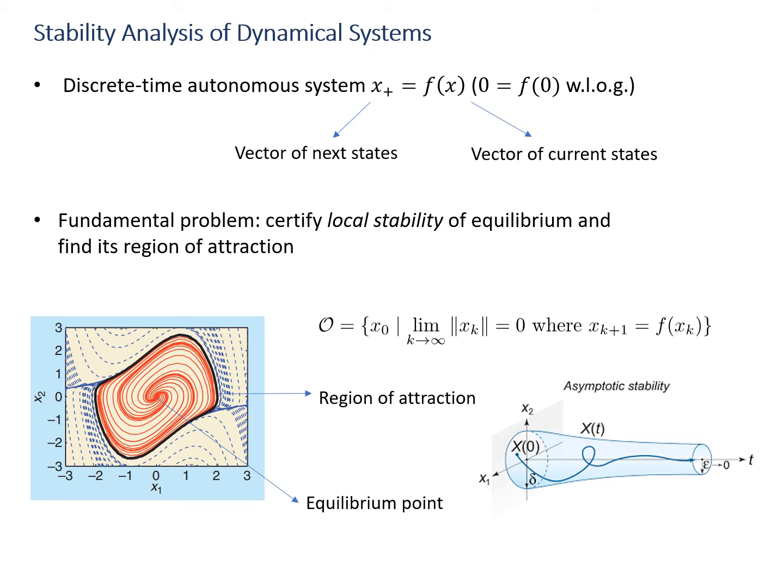A fundamental problem in dynamical systems is to verify whether an equilibrium point is locally asymptotically stable, and to find its region of attraction. By definition, the region of attraction is a set of initial conditions from which the trajectories of the system converge to the equilibrium point asymptotically.